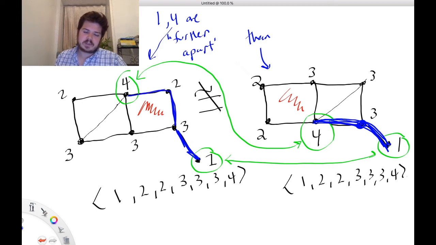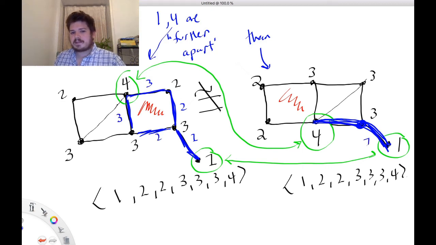So the shortest distance between 1 and 4 in our first graph is 3. But in this one, the shortest connection between the two vertices is 2. So that can tell you immediately that these are not isomorphic.